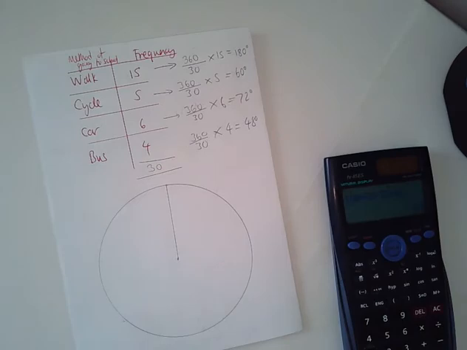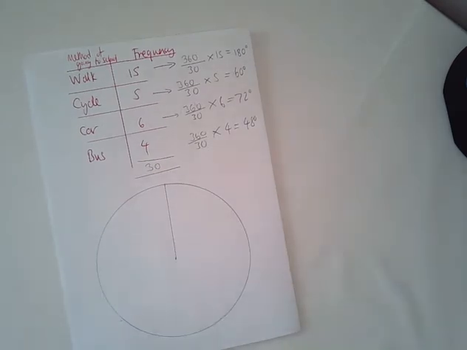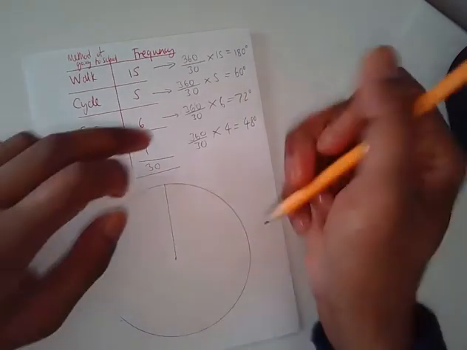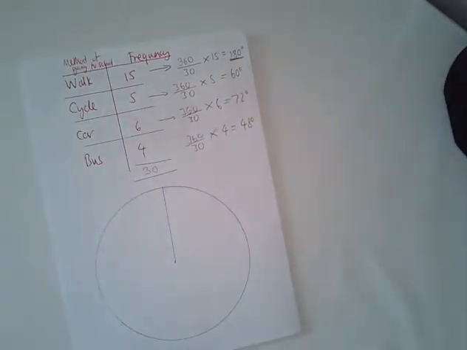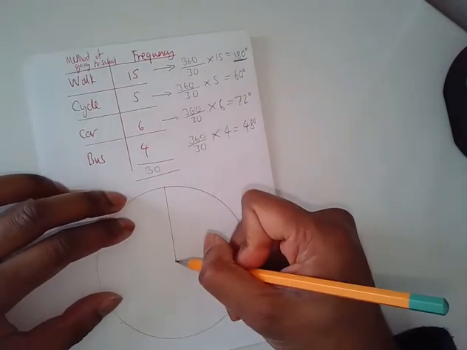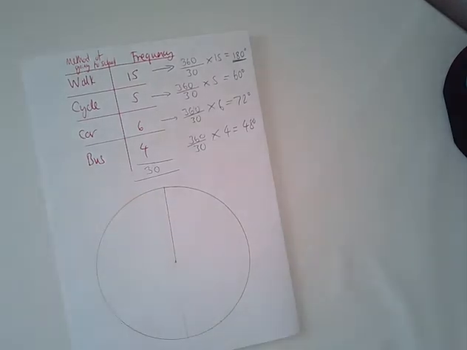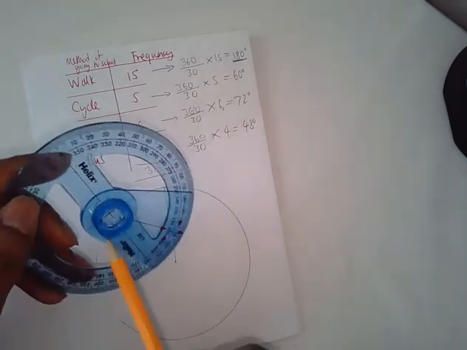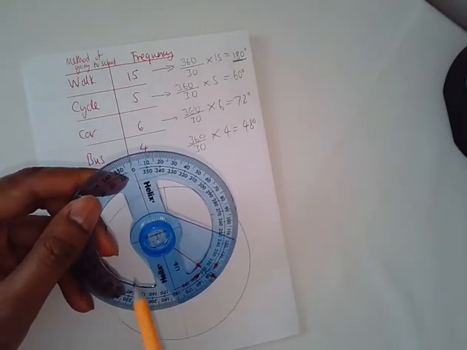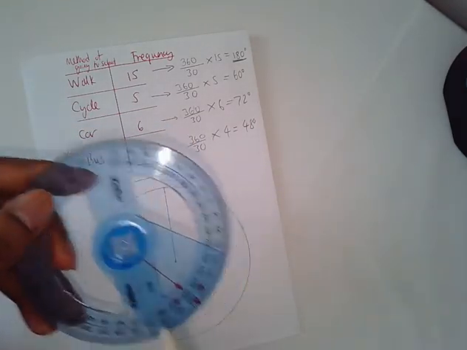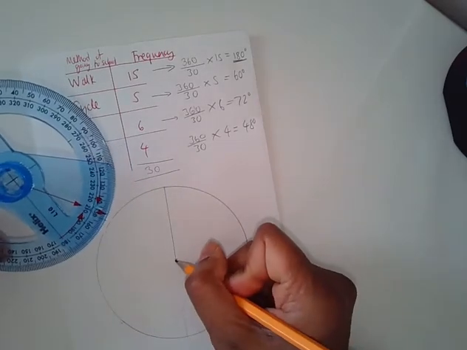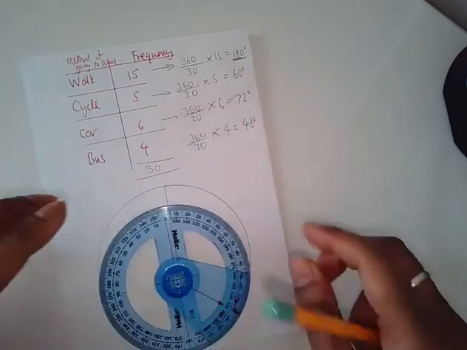So now the next stage is to construct the angles. I'm going to start off with this one, 180 degrees. Well, most of you know 180 degrees is just half the circle. But if you didn't know that, what you can do is, to start off with, put the center of the protractor, you can see the center of the protractor right there, on that dot at the center of the pie chart.